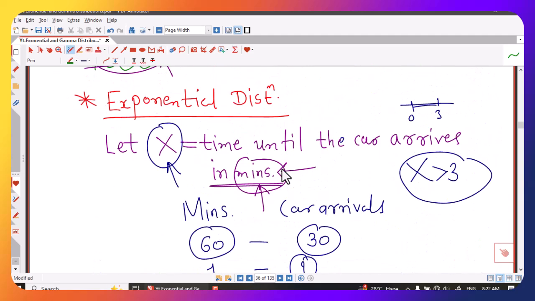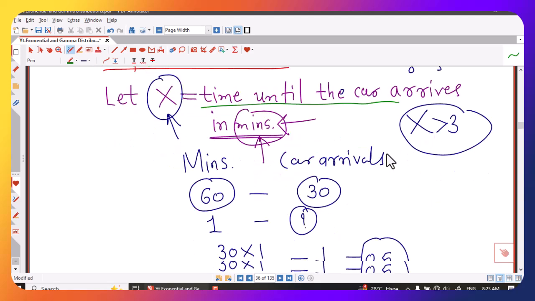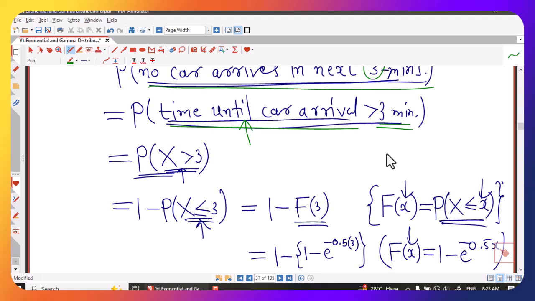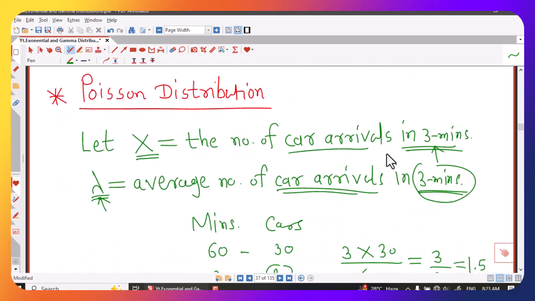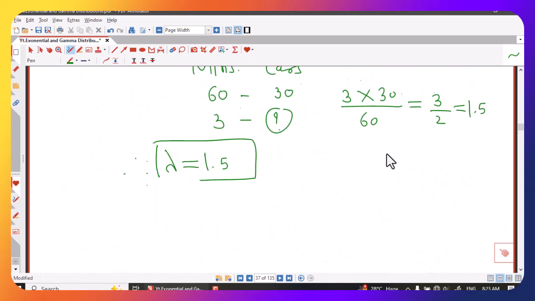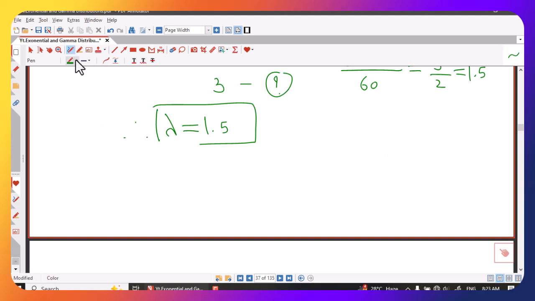Here exponential distribution is a continuous random variable, and we are interested in the time until the car arrives, and here we are interested in the number of car arrivals in a given interval. Now once we have lambda, we can write the probability mass function of Poisson distribution.